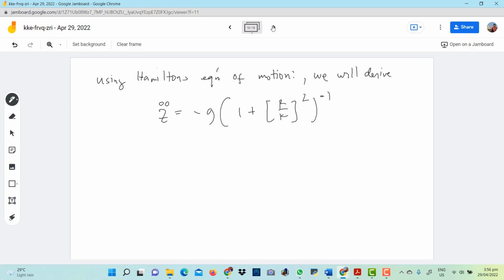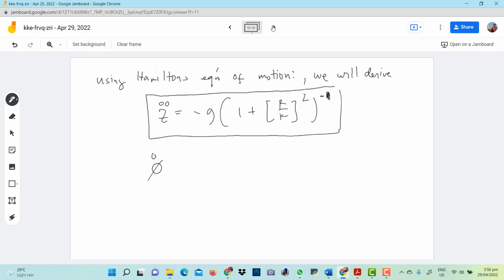So let's check whether our equation of motion along z is equal to this one using another method, which is this Hamilton's equation of motion. Actually, you need to solve phi double dot and r double dot there, but in my example, I will just answer the z double dot.